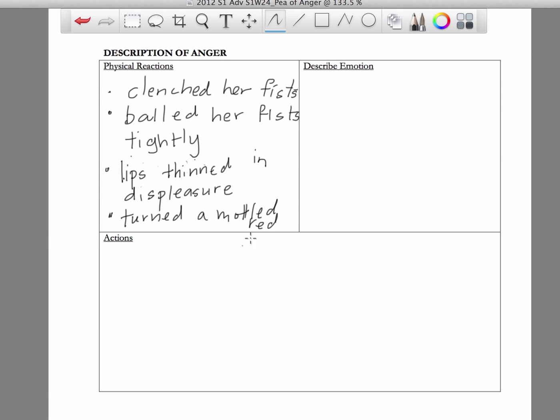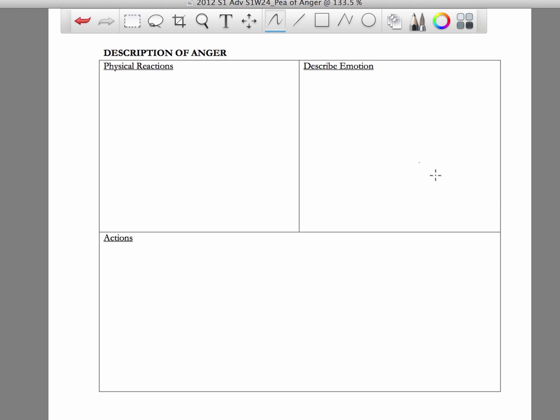Okay, then how about describing the emotion itself, the emotion of anger? Well, let's move on to this box. Okay, you have got the normal phrasing. Some of the normal phrasing you would know would be livid with rage. Remember, when a person is angry, you could use this phrase, livid with rage, or she saw red. Okay, you could use a metaphor.